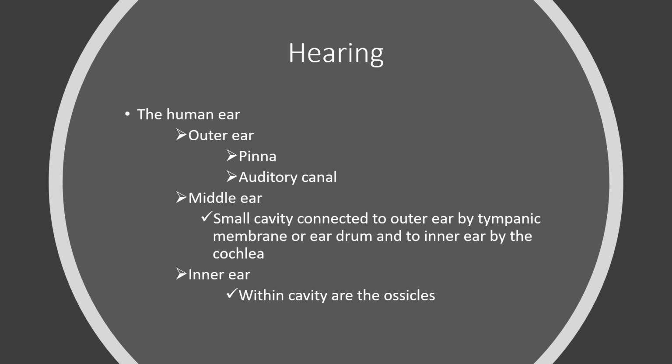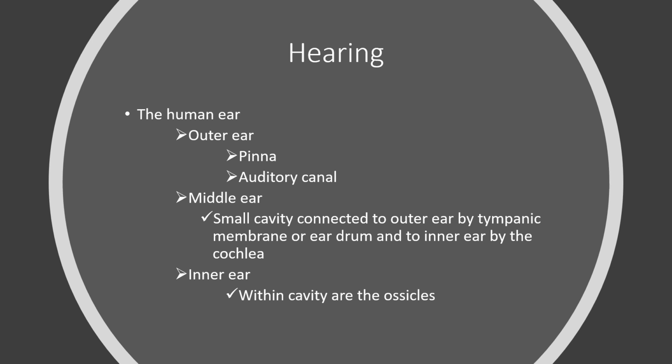The middle ear is connected in both directions: to the eardrum on the outer side, and to the inner ear by the cochlea. The spelling is written on the screen, C-O-C-H-L-E-A, cochlea.